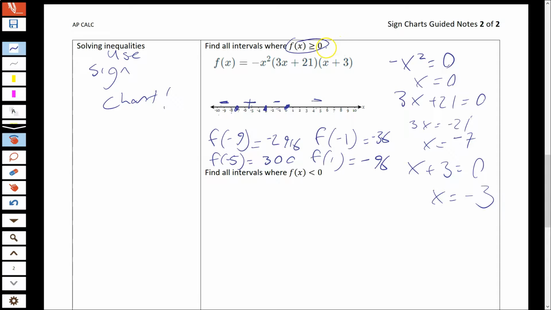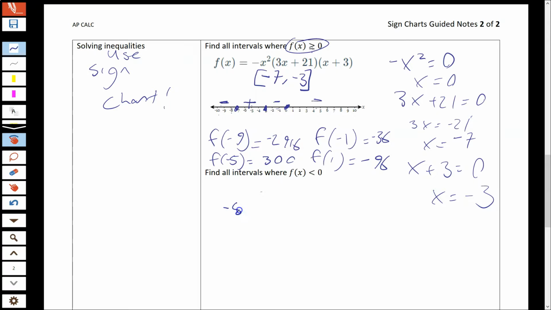Okay, so if we want intervals where the function is greater than or equal to 0, we want just this positive interval. So that is from negative 7 to negative 3. And I'm going to give those brackets because we want to include the zeros based on the inequality sign. If I wanted intervals where f of x was less than 0, that would be everything else.